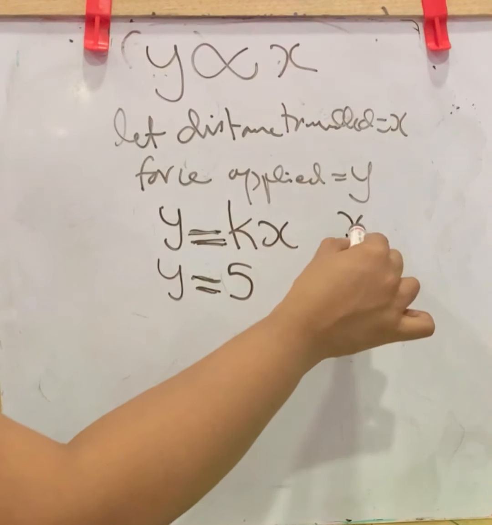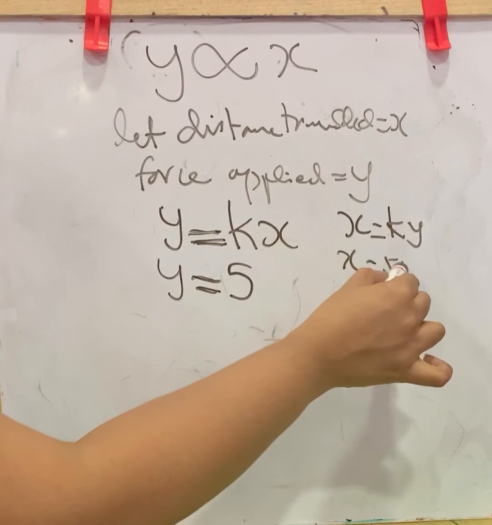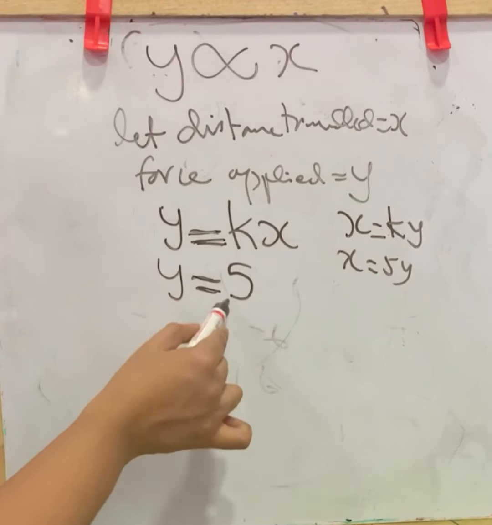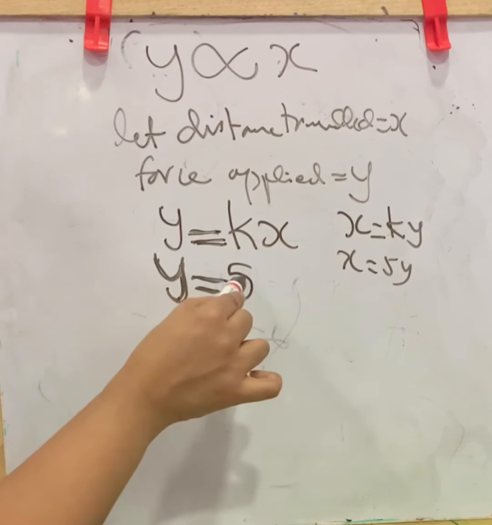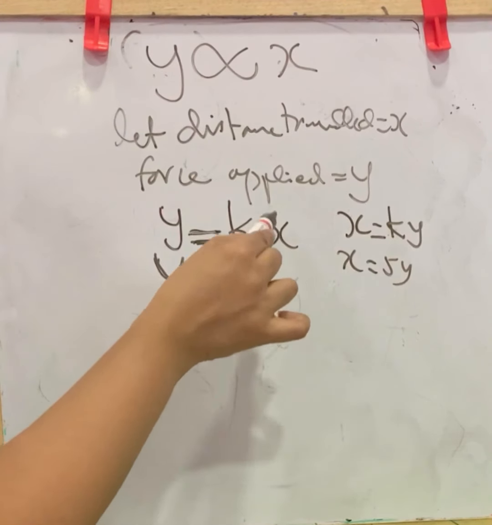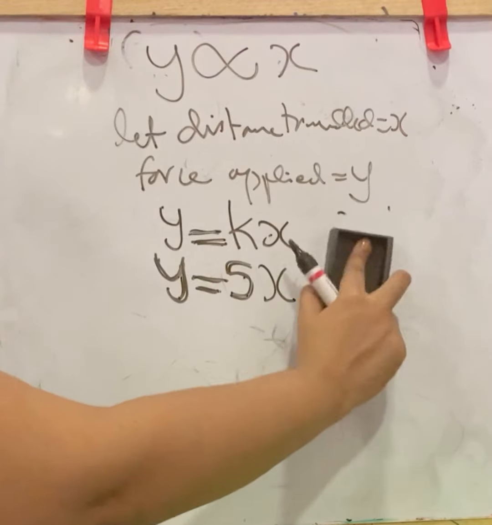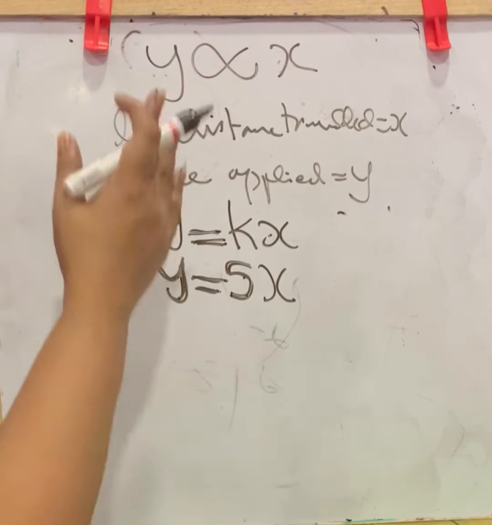If you are taking x is ky, you can't say x is equal to 5y, because actually constant force is given as 5. So you want force on LHS, then only you can say constant force is 5 into x, x is distance travelled. So y equal to 5x from the question. 5 is given from the question.